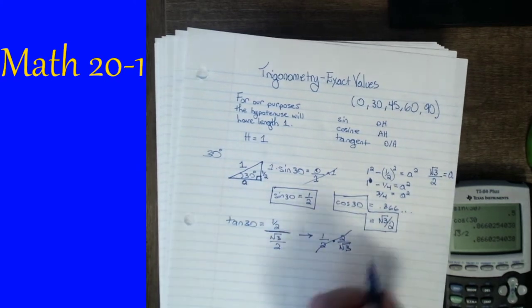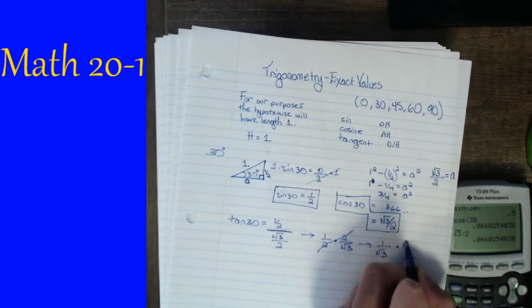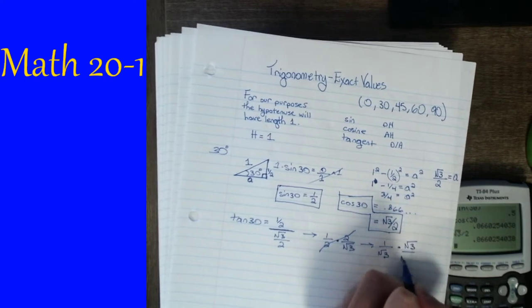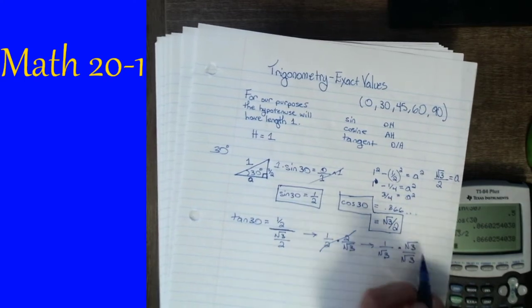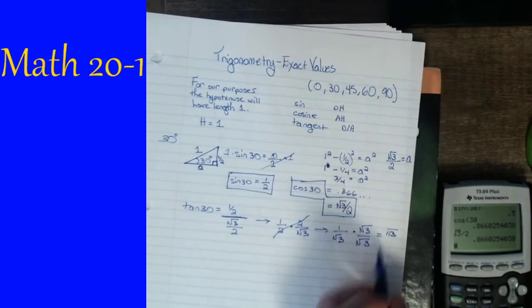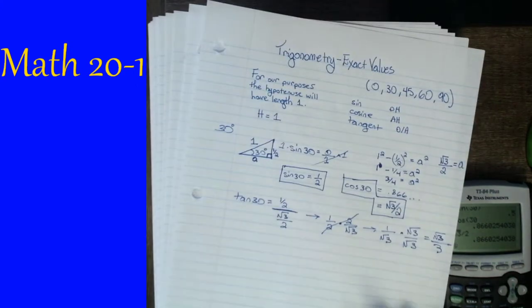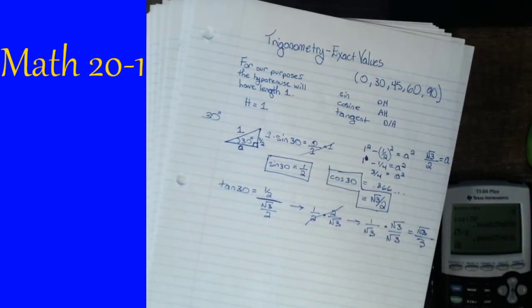Cross out the 2's. We have 1 over root 3. We're not allowed to have that in the denominator, so we rationalize the denominator. We have root 3 over 3.